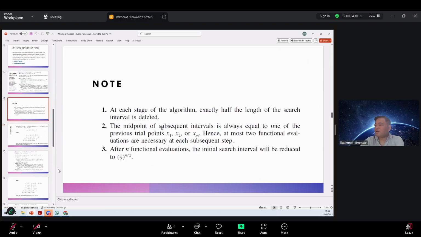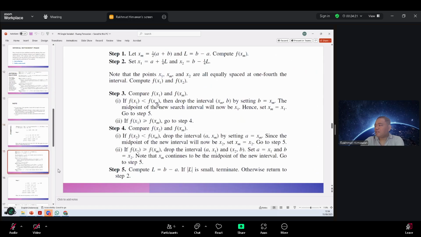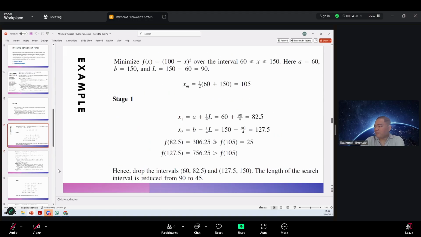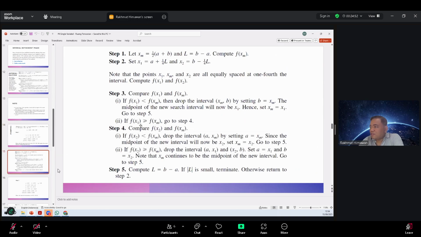Let's see, is f(x1) greater or not than f(xm)? f(x1) is 300. f(xm) is 25. So f(x1) is greater than f(xm). 300 is much greater than 25. That means we have this condition, not this, but this.